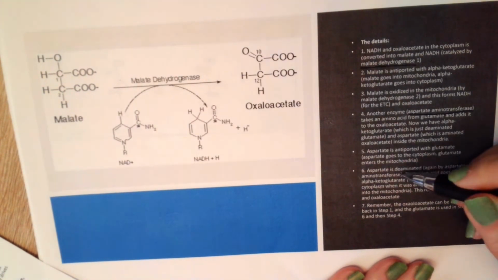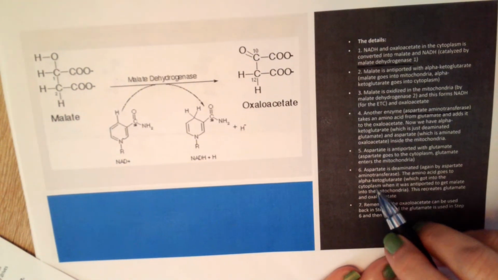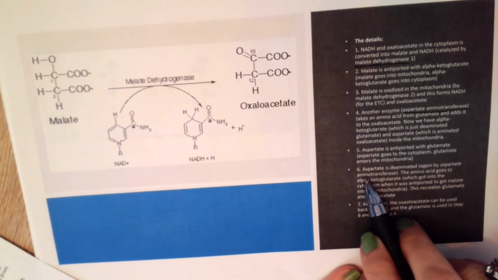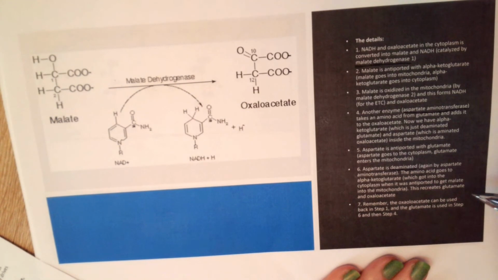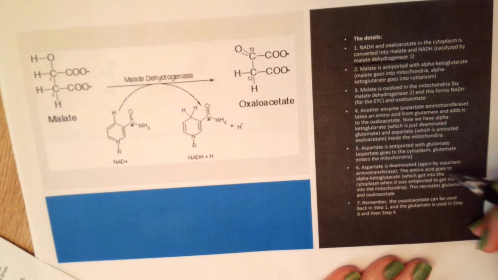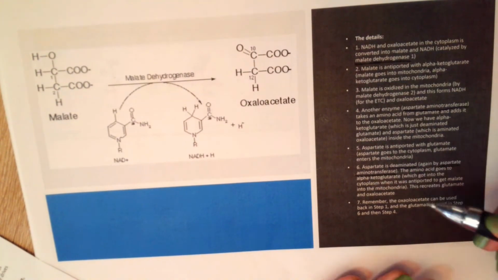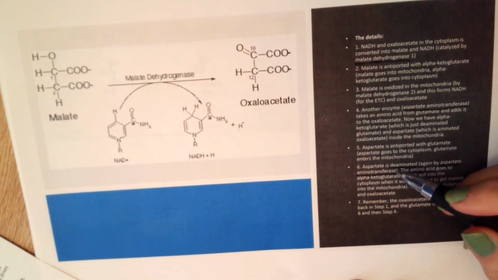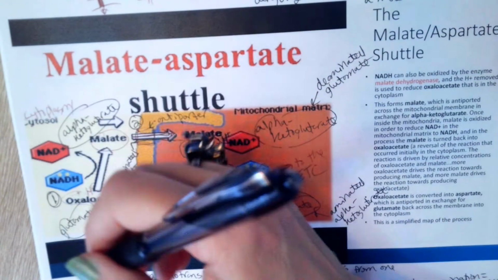For step number 6, now that we have aspartate back out in the cytoplasm, we're going to deaminate it. We're taking away the amino acid using aspartate aminotransferase. That amino acid is going to go to alpha-ketoglutarate.